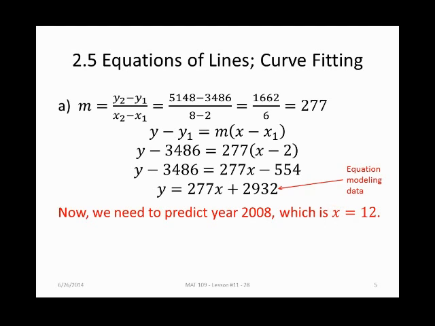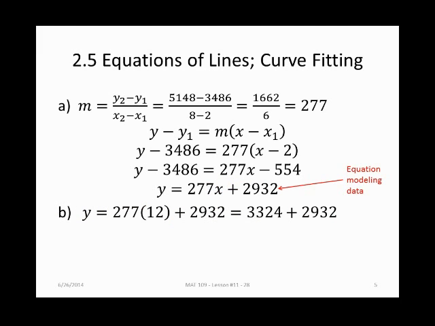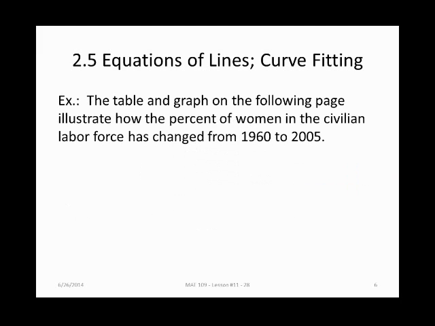If we plug x equals 12 into here, we would get this. Do the simplification, and we get 6,256. The y value from our table was dollars, so it's $6,256. That is the value predicted for 2008.